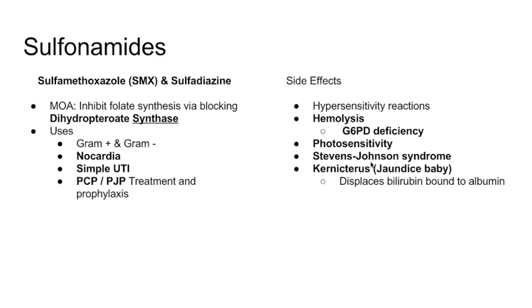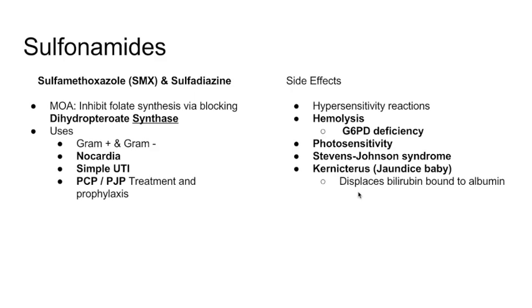Stevens-Johnson syndrome is a sloughing of the skin layers, and it mimics a burn, and it can actually be a life-endangering situation. So Stevens-Johnson syndrome can be caused by sulfonamides. And the last thing is that sulfonamides can cause kernicterus. Kernicterus is pretty much a jaundiced baby that has a lot of bilirubin.